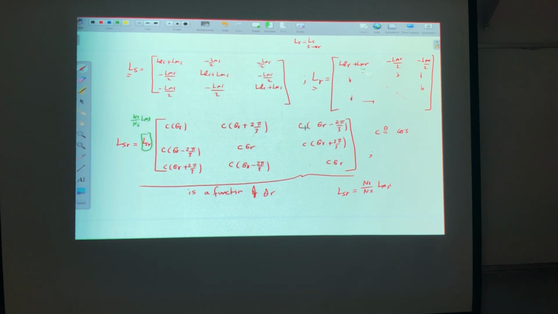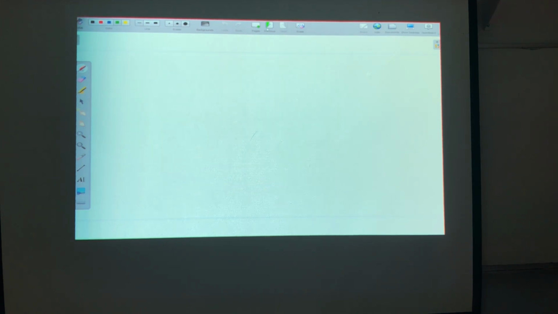The LMR also can be described, in terms of the turn ratio, as NR over NS squared LMS.